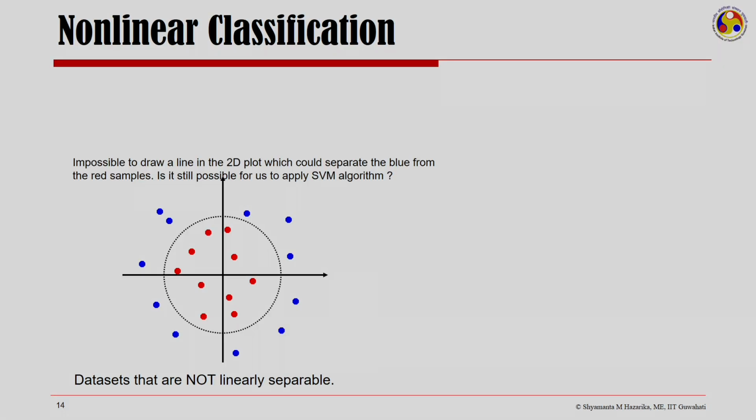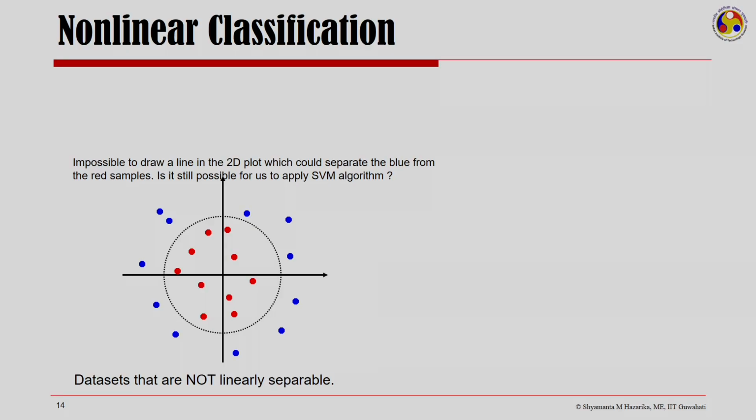That is, it is impossible to draw a line in the 2D plot which could separate the blue from the red sample. Now, the question is, under such a scenario, is it possible for us to apply a support vector machine algorithm? And this is where the kernel trick plays a very important role.